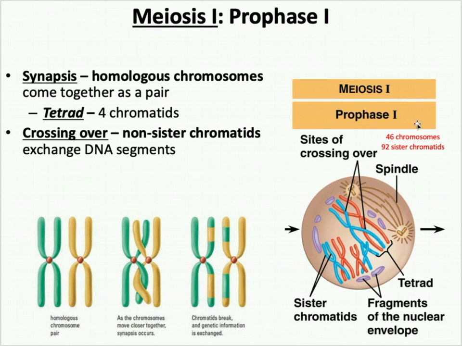So in prophase 1, in humans, we have 46 chromosomes, but those chromosomes are in that duplicated state where each chromosome will have 2 sister chromatids. That means you have a total of 92 sister chromatids in this prophase.